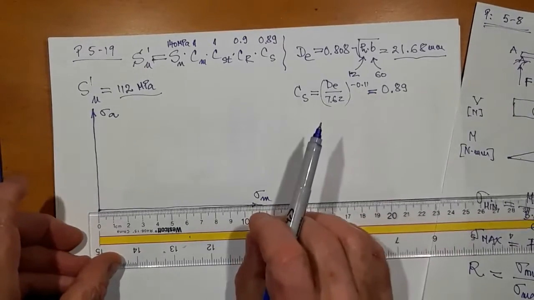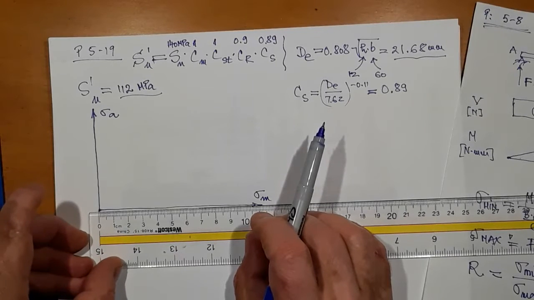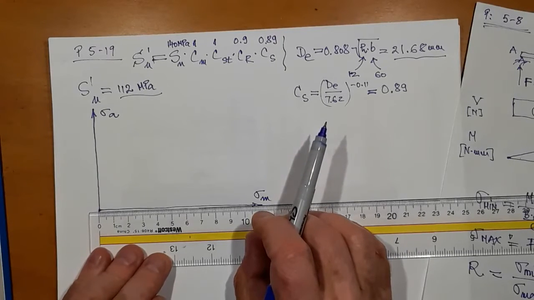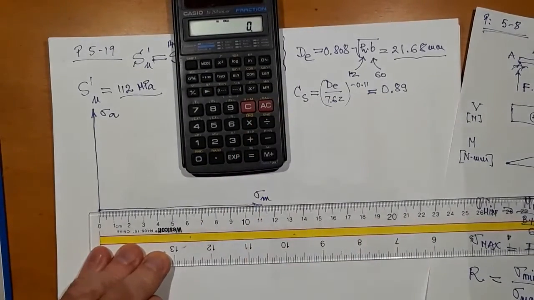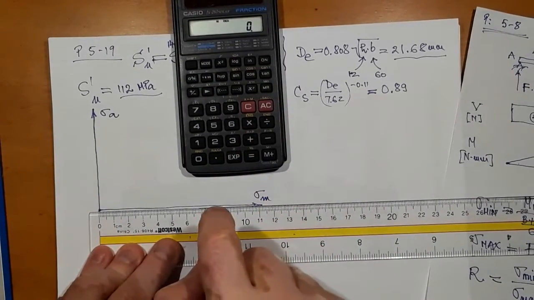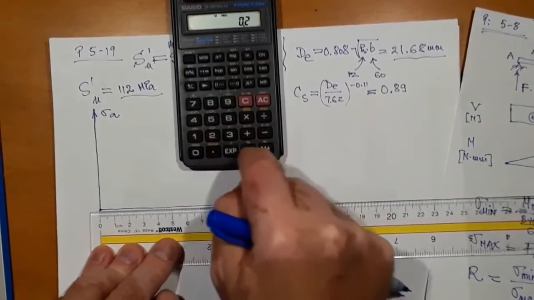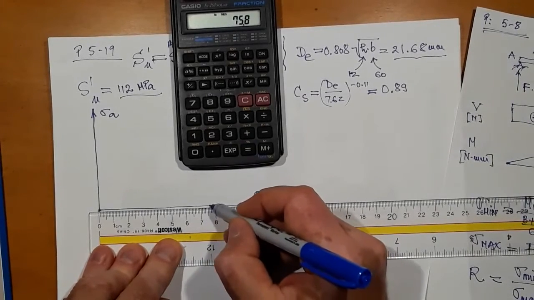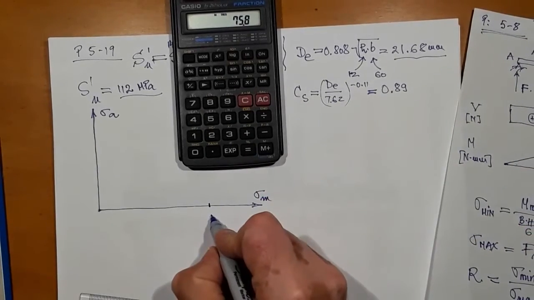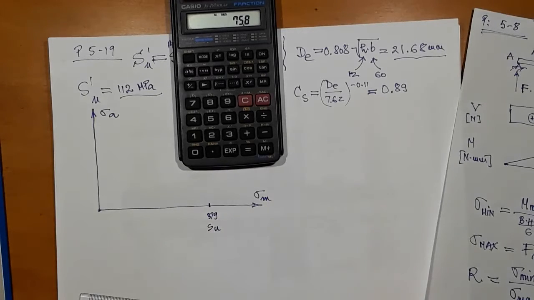If I choose a scale factor of 0.2, what do I get? 379, I'm going to place the ultimate strength on the graph. 379 times 0.2 is 75.8 would be here. So this is 379, the ultimate strength.